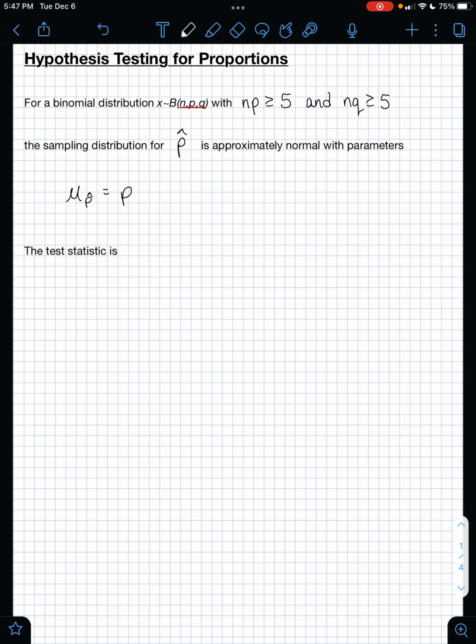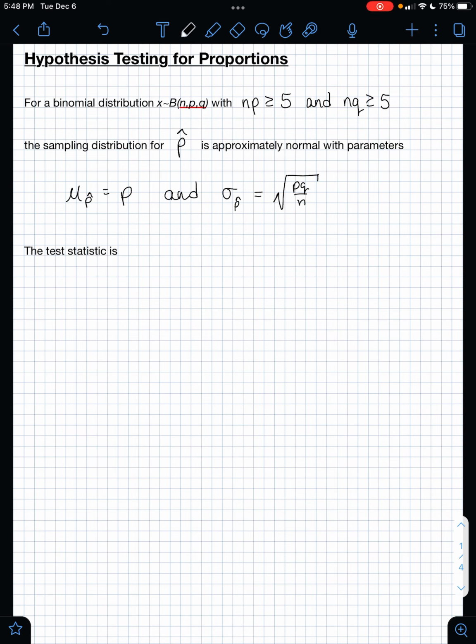That is to say, the mean of the sampling distribution is the same as the probability of success in the binomial distribution. And the standard deviation of the sampling distribution is equal to the square root of pq over n.